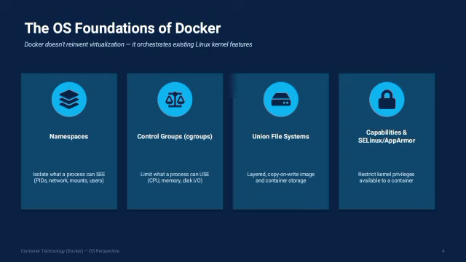Third, union file systems, which give Docker its efficient layered image storage. And fourth, Linux capabilities along with security modules like SELinux or AppArmor, which restrict what kernel-level privileges a container actually has. We'll go through each of these one by one, starting with namespaces.